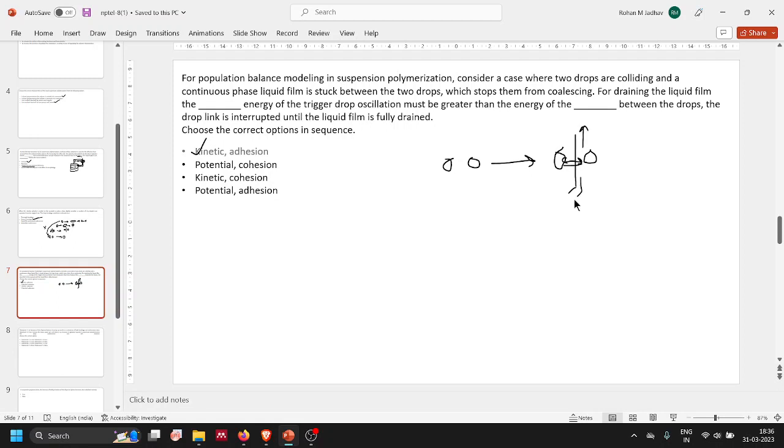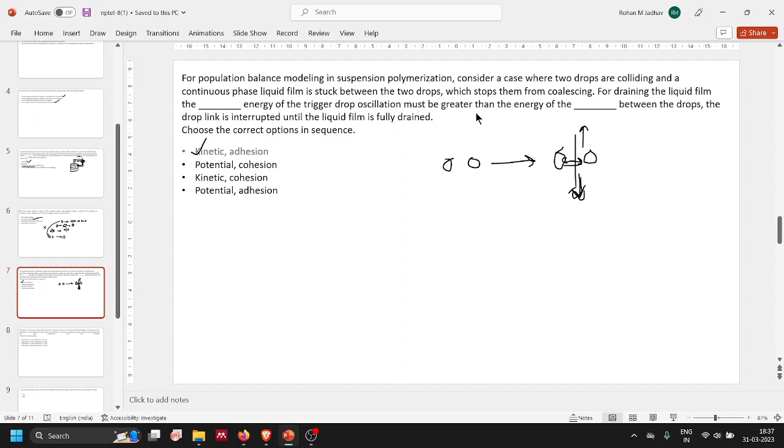The liquid film will get drained on both sides, and because of which these two drops will come together, and the trigger drop oscillation energy must be greater than the energy of the adhesion between the drops. So adhesive forces must be lower than the kinetic energy of the liquid film drop oscillation.